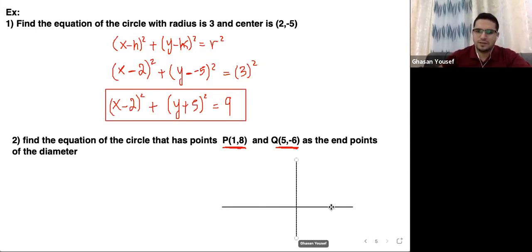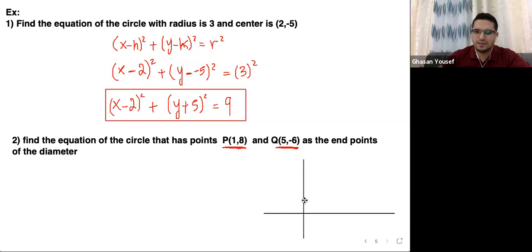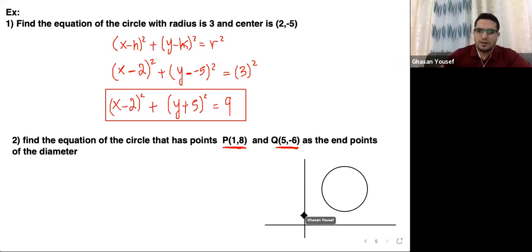Suppose this is my x-axis and this is my y-axis, and my circle looks like this. I have a line passing through the center, called the diameter of the circle. Because it's the diameter, it must pass through the center of this circle.